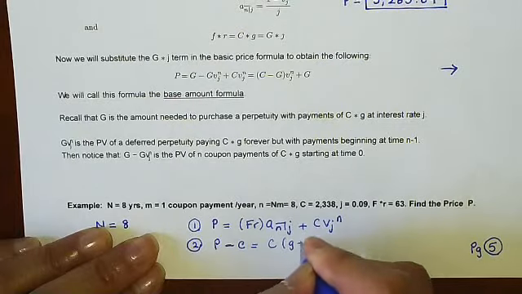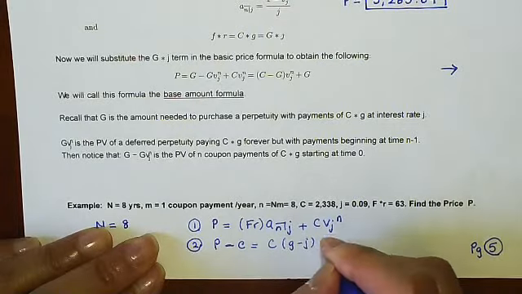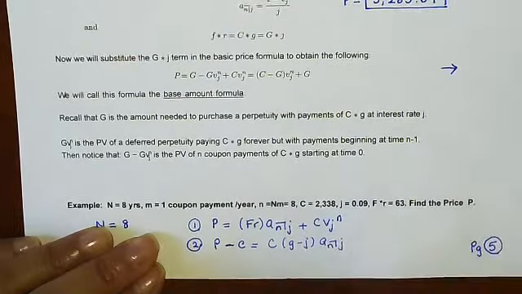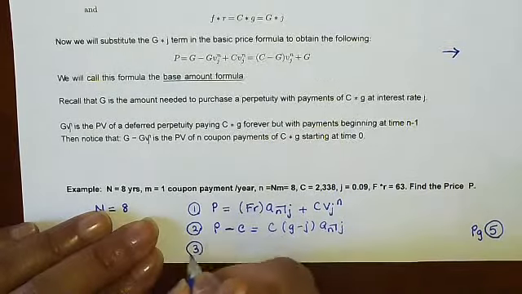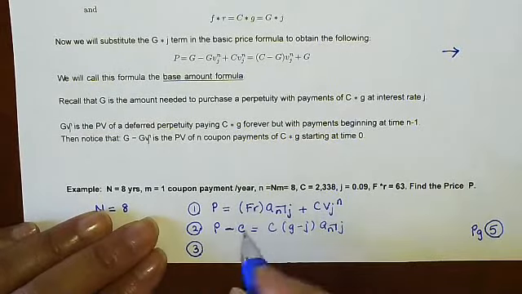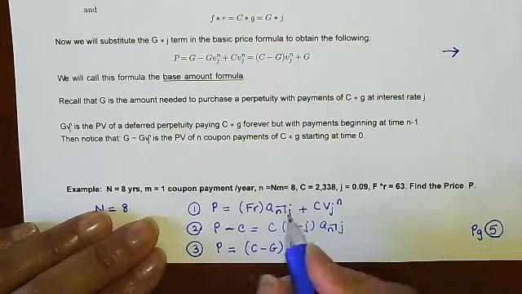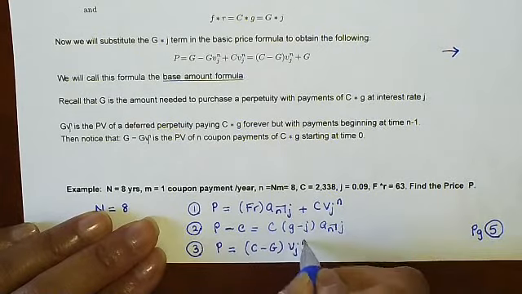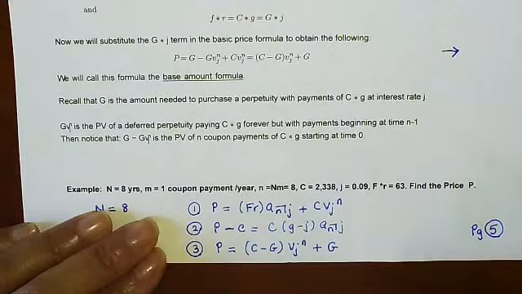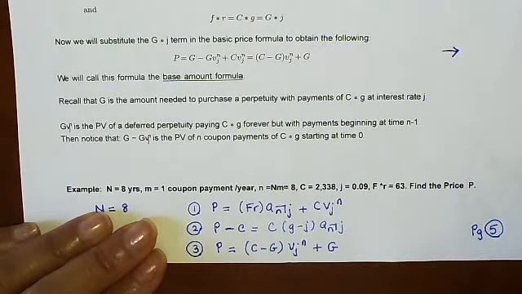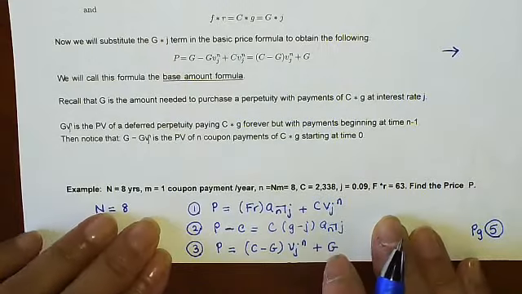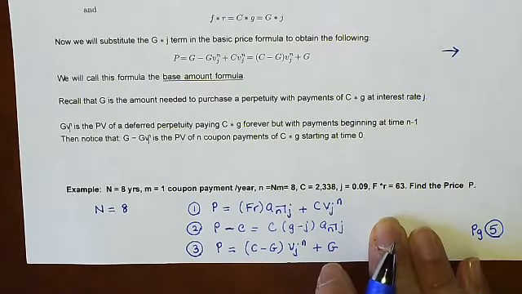P minus C is equal to C (G minus J) A angle NJ. And 3, please use the base amount formula, which says P equals (C minus G) VJ to the N plus G. And make sure you get the same price for all 3 methods.